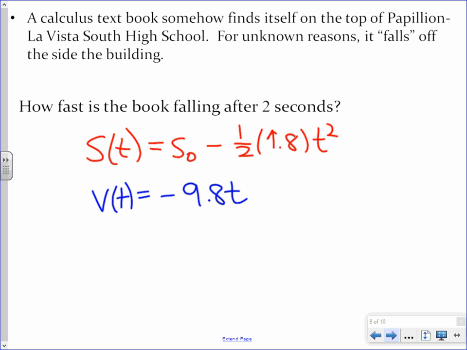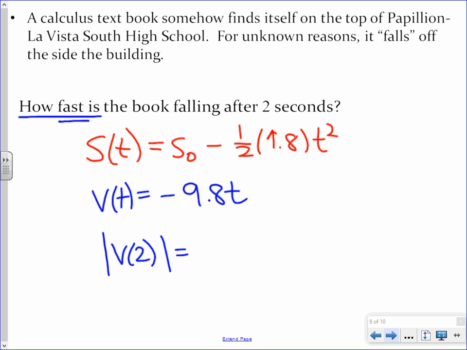Okay? If we want how fast the book is falling, we want to plug in 2, but what else do we want to do with it? Okay, we'll want the absolute value. We know it's falling down, so we're going to have negative velocity.